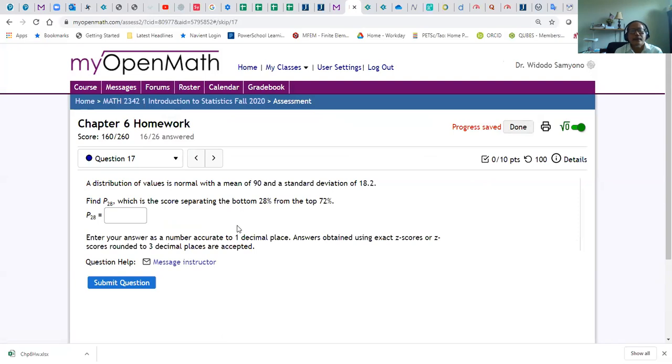And so the distribution now is normal with a given mean and standard deviation. Find P, the score separating the bottom 28% from the top 72%. You need an answer accurate to 1 decimal place.